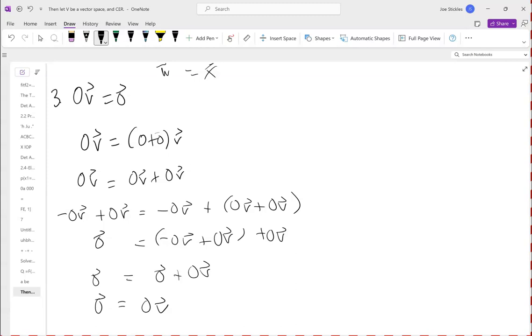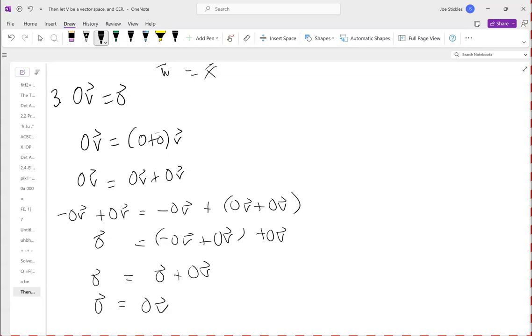There's a lot of structure going on to show that 0 times something is 0. Again, this is why math is hard for lots of people, right? There's a lot of math that goes into 0 times something is 0. A lot of math involved in it.